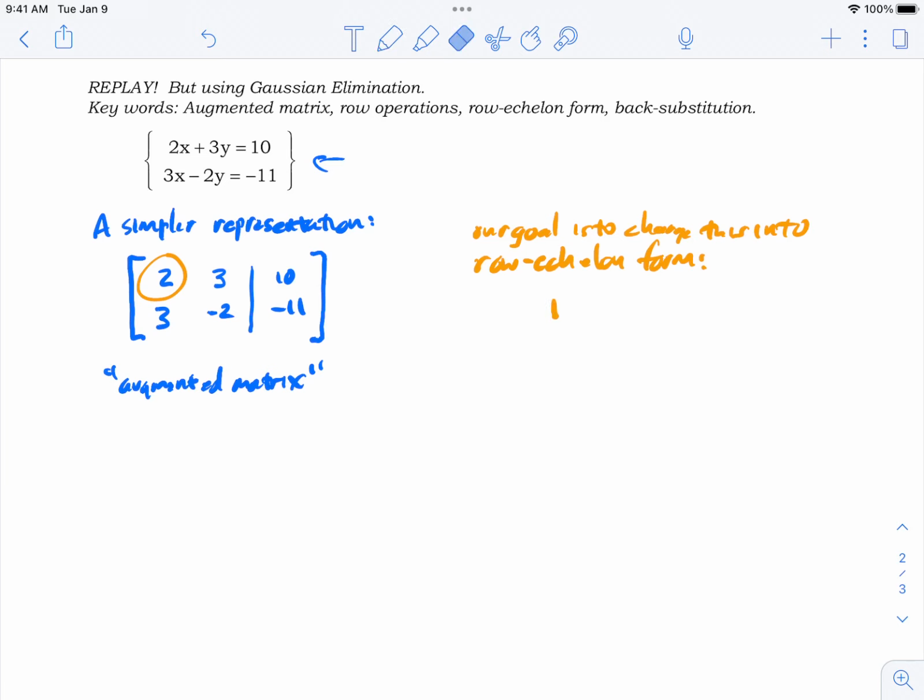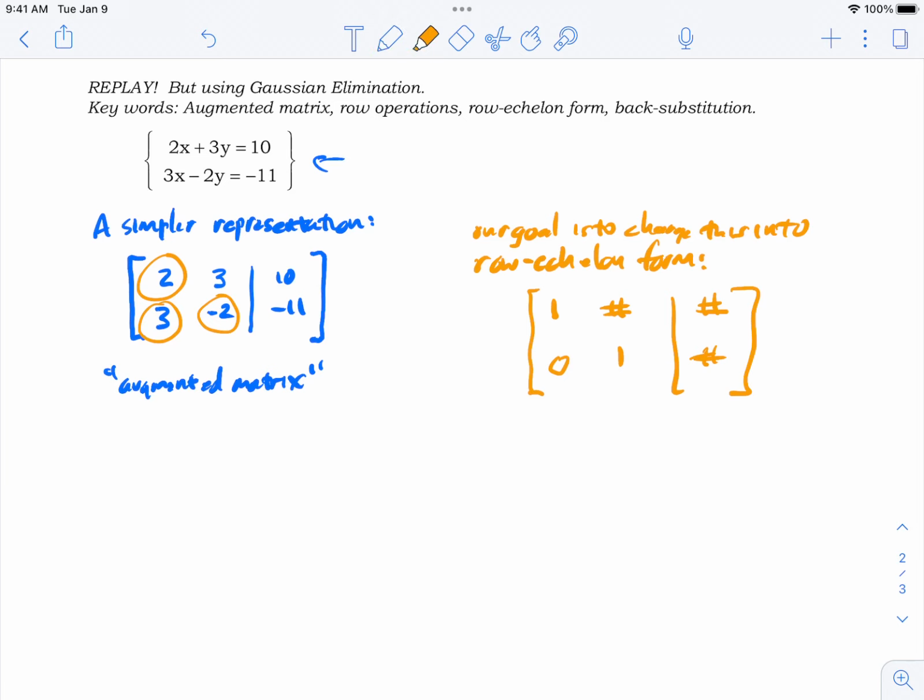This number can be whatever it ends up being. But then we wanted this x term to go away, which makes that a 0. And then we also wanted to make that y term into a 1y, so that's a 1, and this could be whatever number. This is called row echelon form.